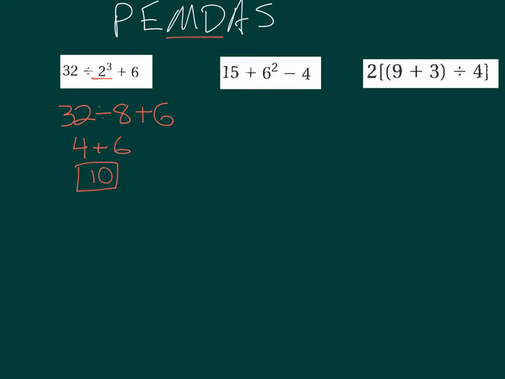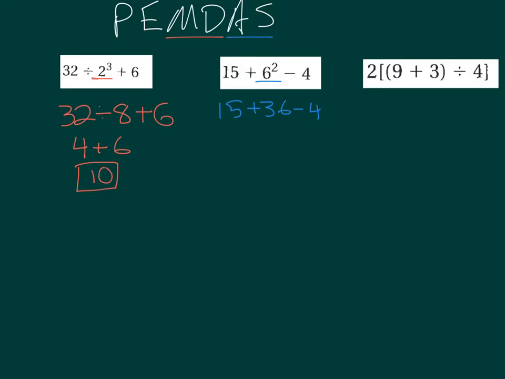Once again, we see an exponent here on the middle number. So I'm going to rewrite, I got 15, 6 to the second, that's 6 times 6. 6 times 6 is 36, minus 4. Now, I don't have any more multiplication and division, but I do have addition and subtraction to do.